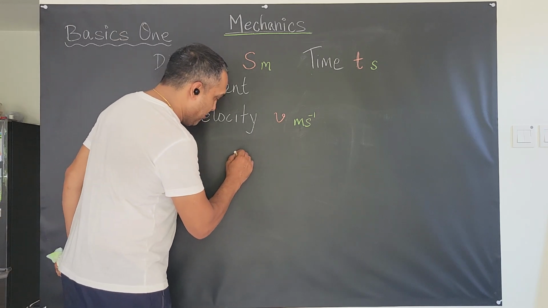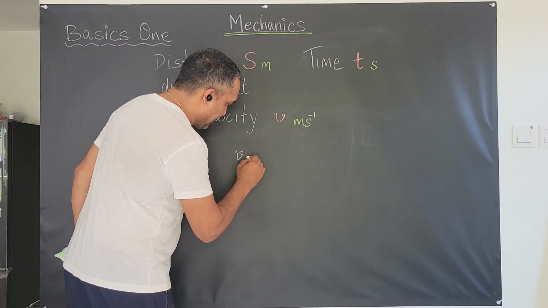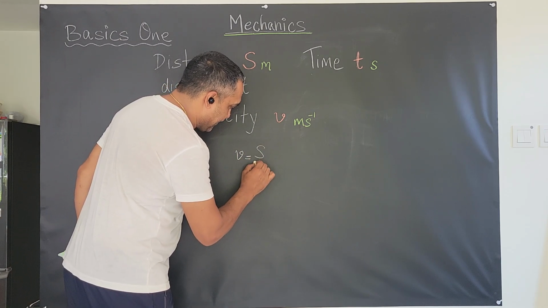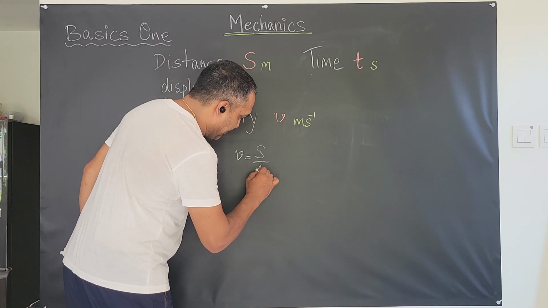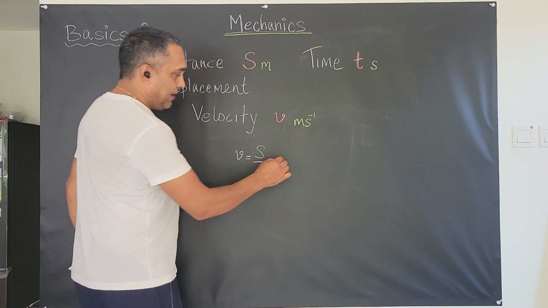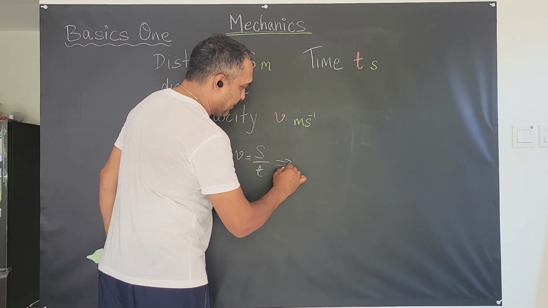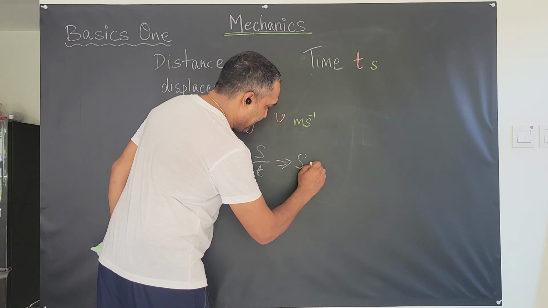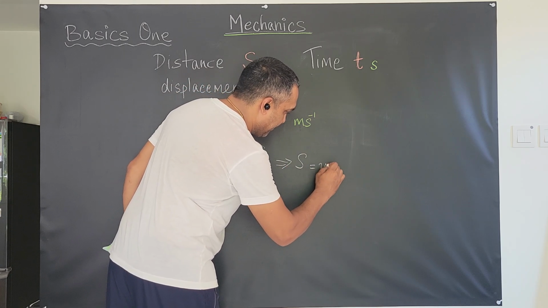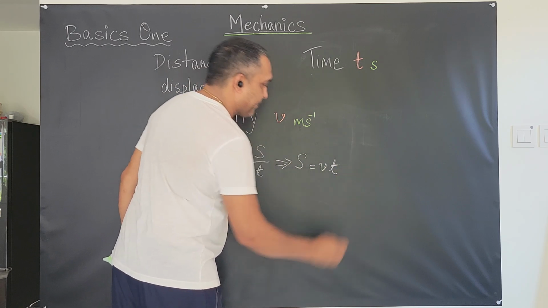So if I wrote v is equal to s over t, I would also be able to write s is equal to v times t.